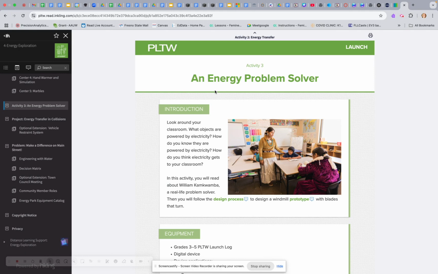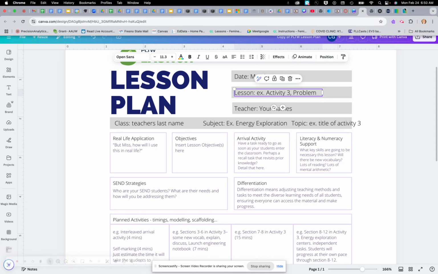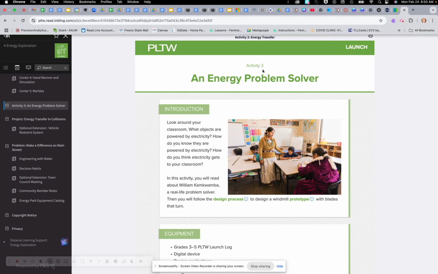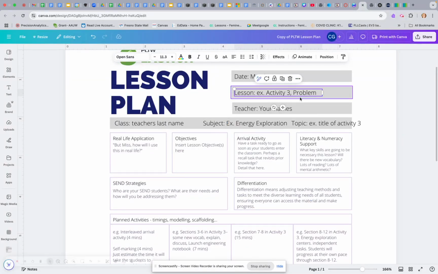So if it's asking you in your lesson plan what lesson, and I'm looking here, I could put activity 3 and energy problem solver. That's my activity that I'm on. As just an example, that's what could go here.